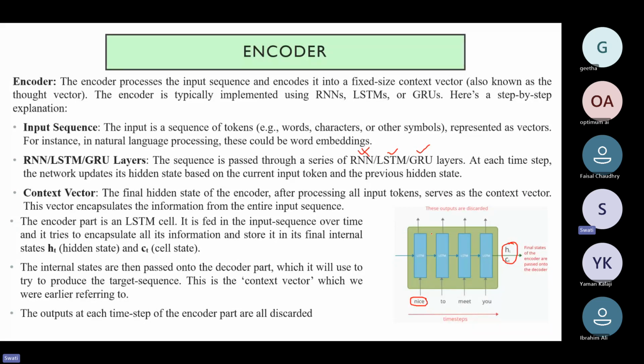At each timestamp, the network updates its state. This is the first timestamp, so it gets the input here. This LSTM will understand what is in the input, and there is an initialization of the initial hidden states and cell states, done randomly. These are the inputs for your encoder. So this LSTM takes this random initial state with this input and gives you updated hidden states and cell states.